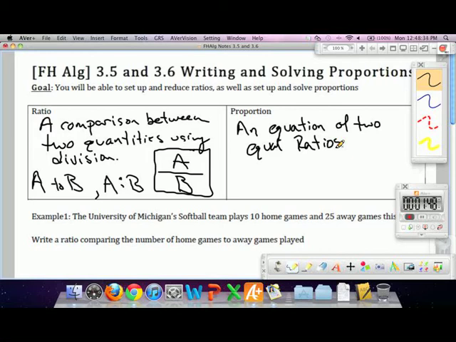We use proportions all the time. We'll show a couple examples of proportions at the end of the class today that you either already use or will be using very shortly. We generally write this as A to B is the same as C to D. That would be, in general, an example of a proportion: two ratios that are equal.